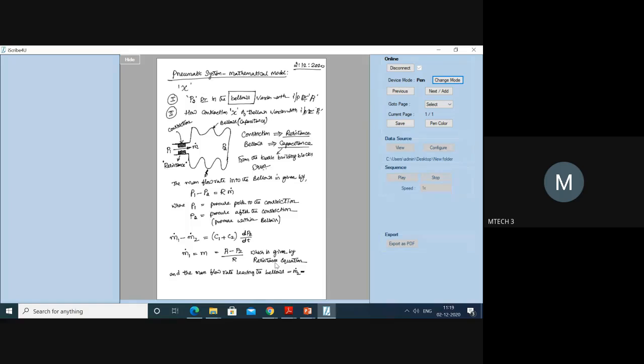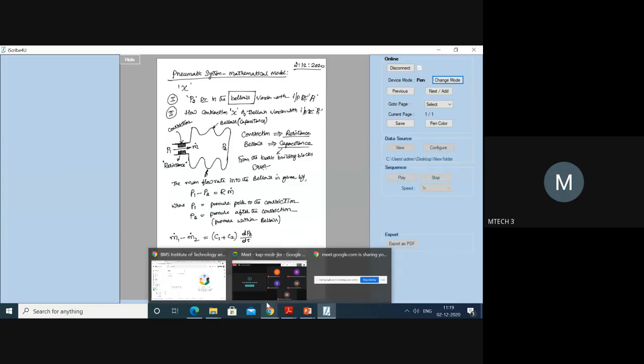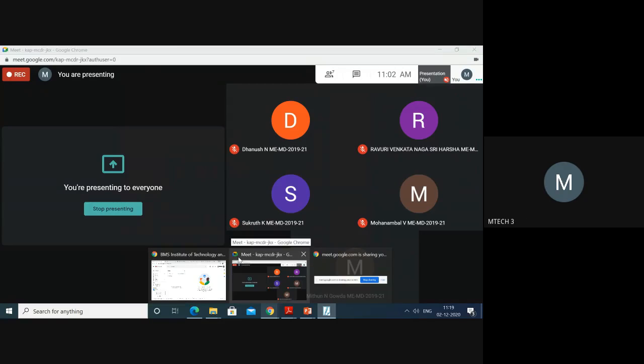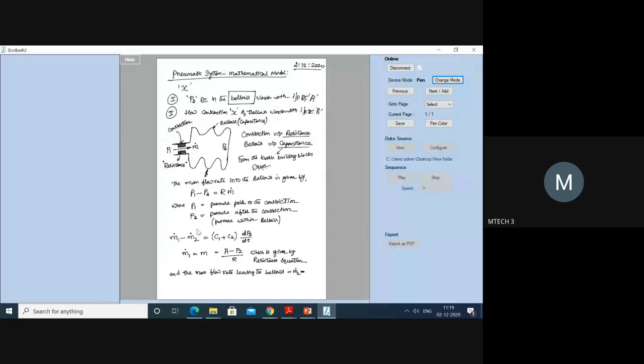Hello? Are you all connected? Yes, sir. So what is the mass flow rate leaving the bellows? 0. So no mass will go out of the bellows. Everything is going to be present within the bellows only. So m2 dot is equal to 0.